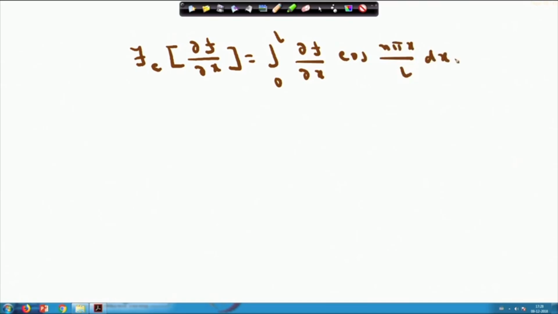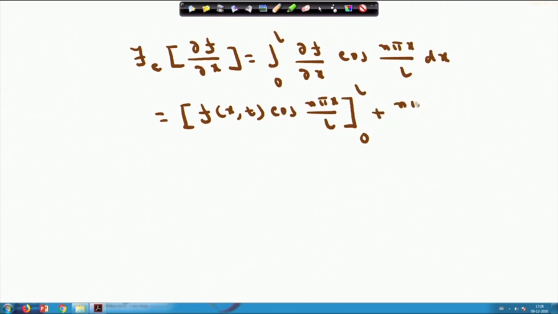From the definition, again by integration by parts, this equals f of x t into cos of n pi x by L from 0 to L, where x lies between 0 and L, plus n pi by L times the integral from 0 to L of f of x t into sin of n pi x by L into dx.